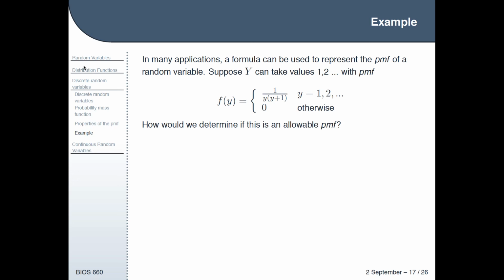So, for example, if we have a cumulative distribution function F(x) equal to 1 minus e to the minus lambda x for x greater than 0, and F(x) equal to 0 for x less than or equal to 0, is F(x) a CDF, and what's the corresponding probability density function?